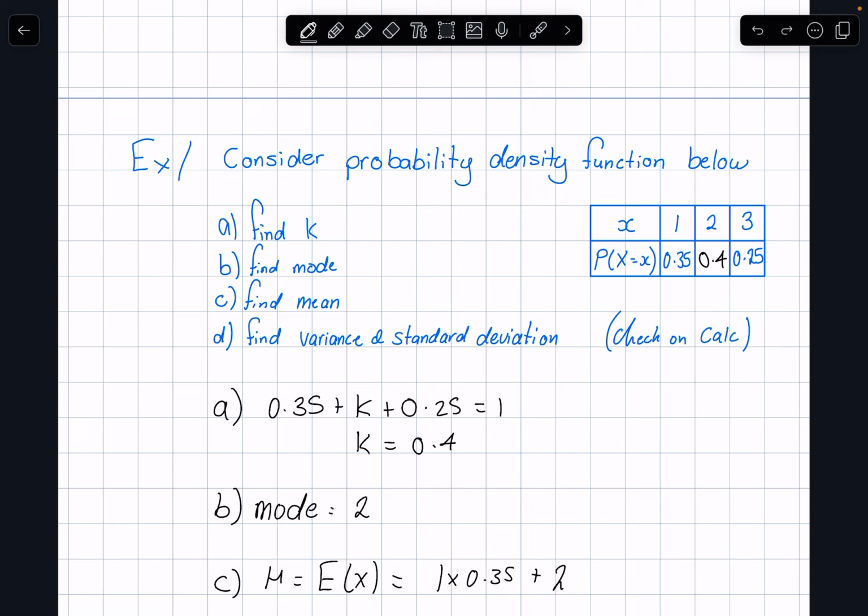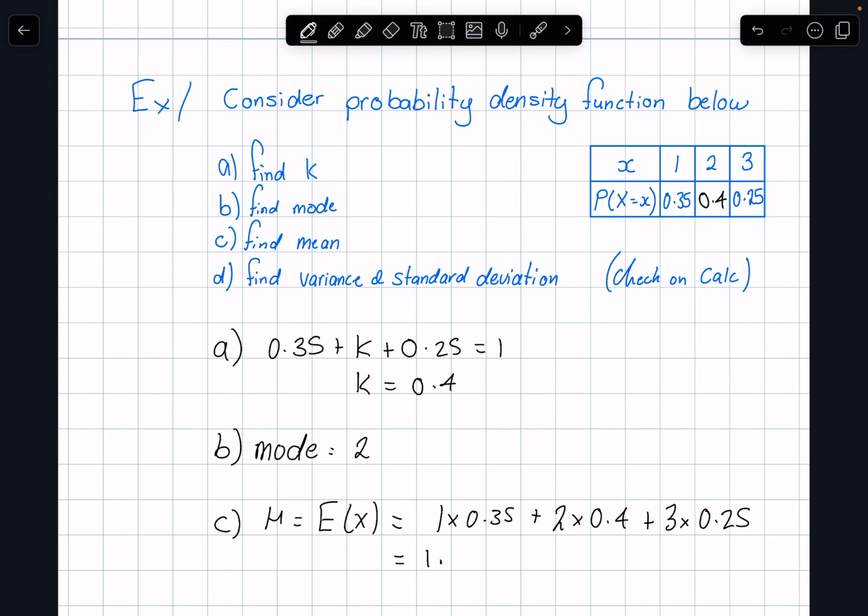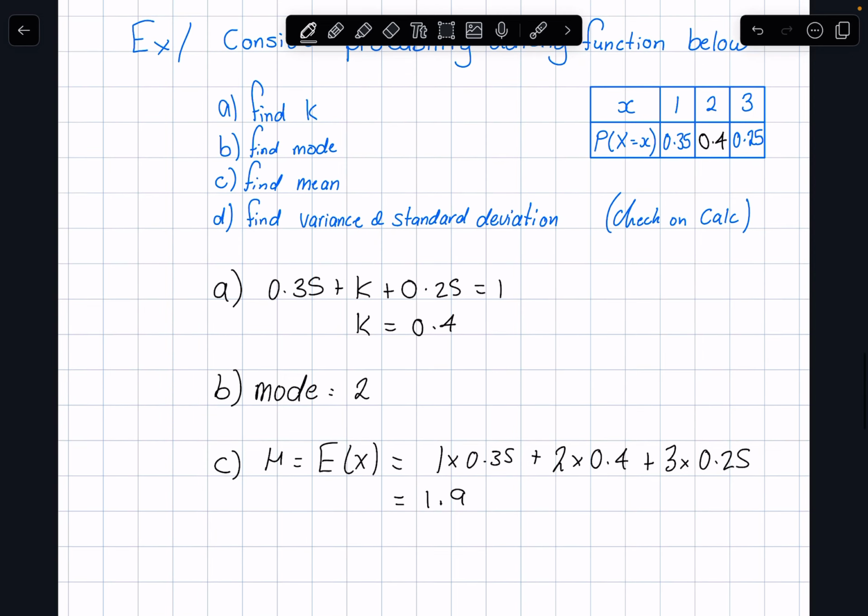So 2 times 0.4 plus 3 times 0.25. And if I go on my calculator to calculate that, I've got 0.35 plus 2 times 0.4 plus 3 times 0.25, which is equal to 1.9.